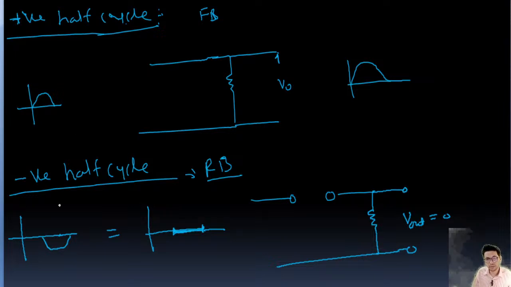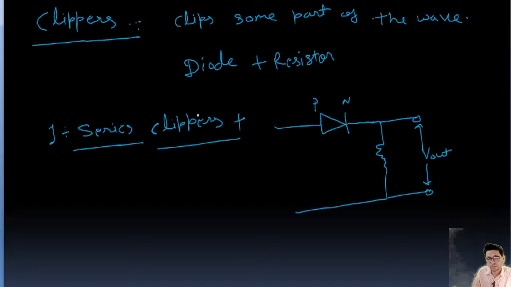For positive half cycle, for negative half cycle. Next is the parallel clipper. You need to understand, guys, in the series clipper you have the diode first and at this place you get the resistance.